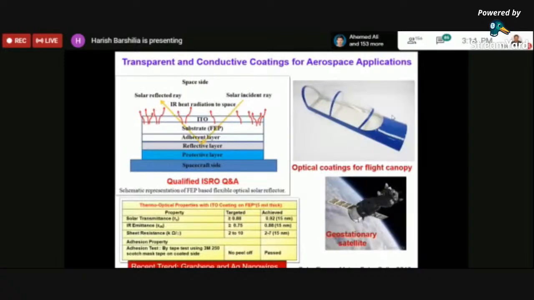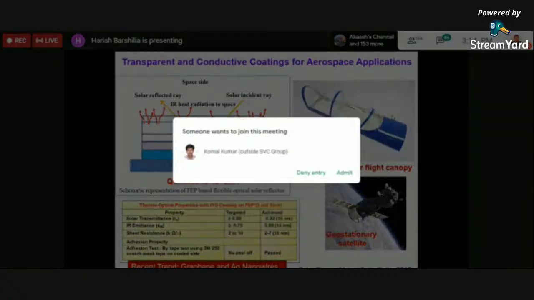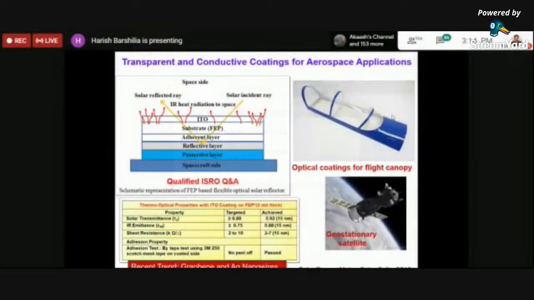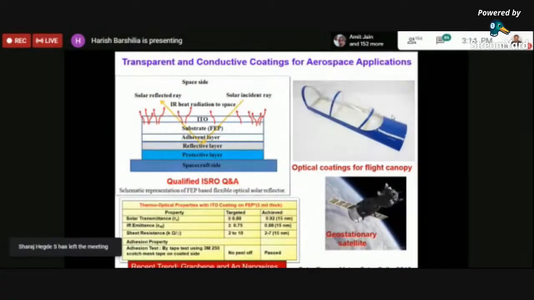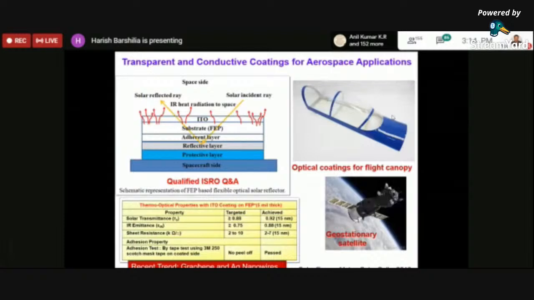This is another application. For example, if you sit in any fighter aircraft, there is a canopy. The problem is that in a fighter aircraft there will be radar, and the radar signal should not come out of the canopy. Otherwise, the enemy radar will pick up the signal from our aircraft, and subsequently there is a threat to the aircraft.